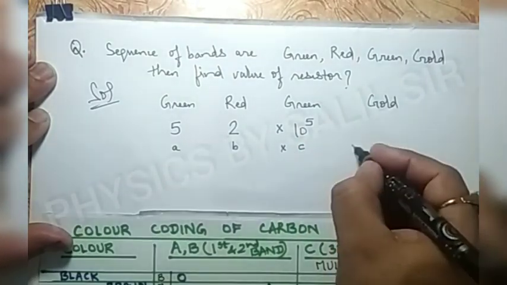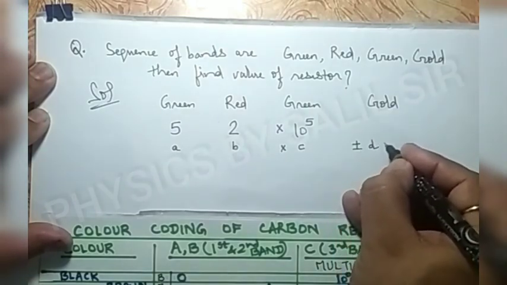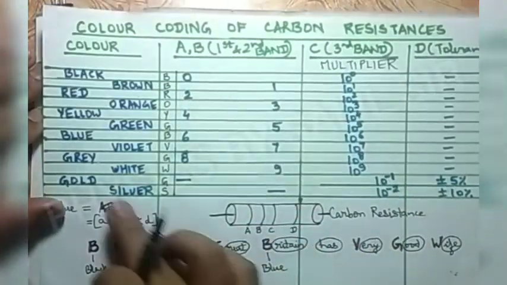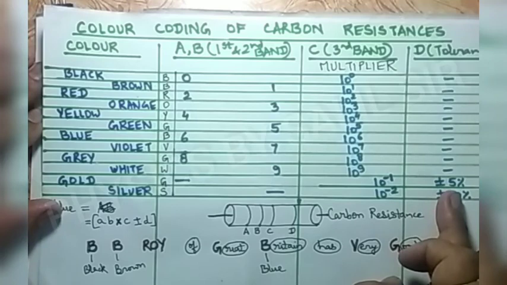And what will be D? Plus minus D, and D will be in percentage. So for gold, see, it will be 5%.